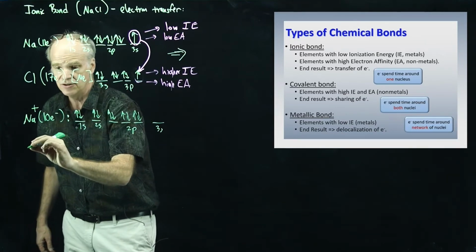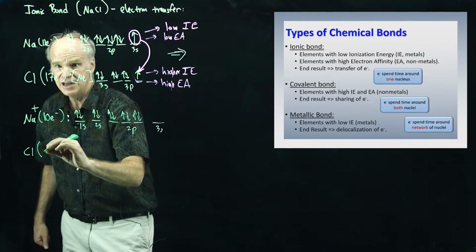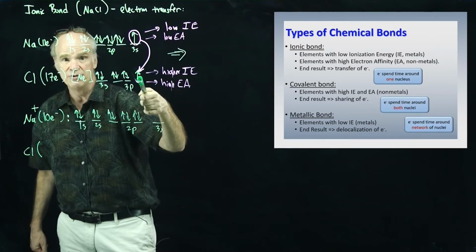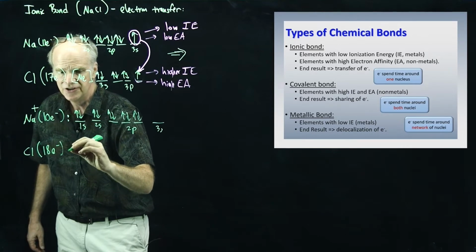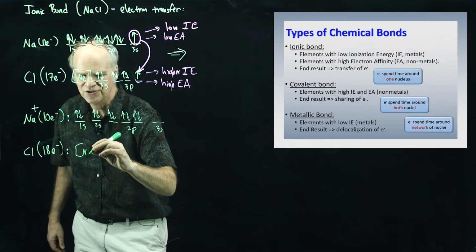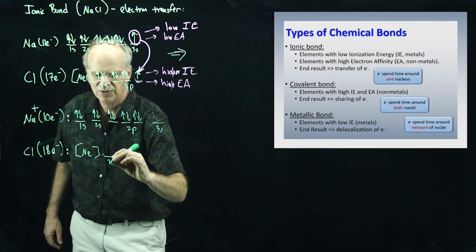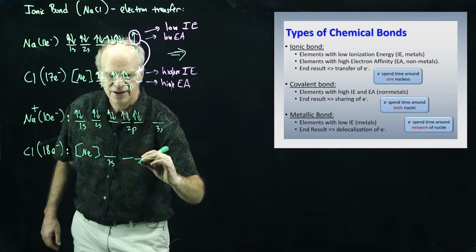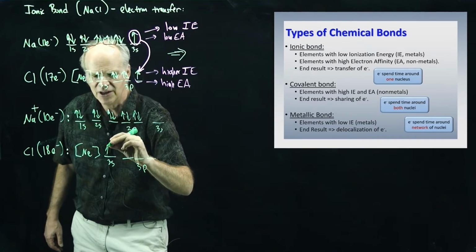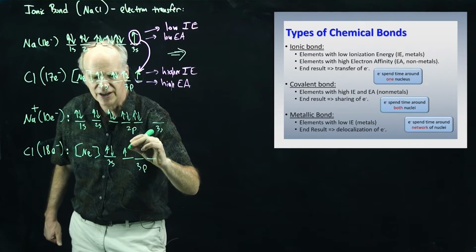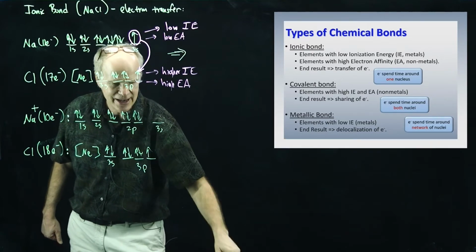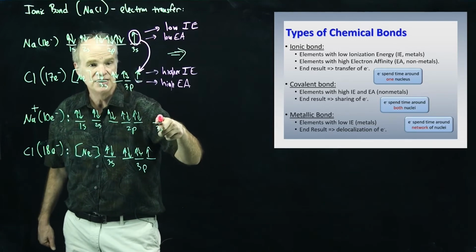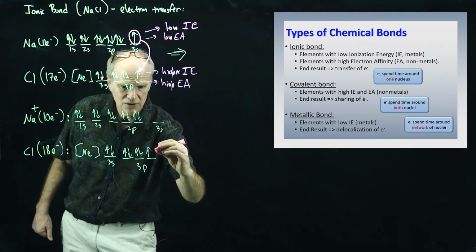Now let's look at chlorine. Chlorine had 17 electrons. It's going to get one from sodium, so now it's up to 18 electrons. We use neon's configuration first, with 10 electrons, and then we'll have 3s and then 3p. So 2 electrons in 3s, and then chlorine's 3p electrons, and then this electron from sodium will now go here.